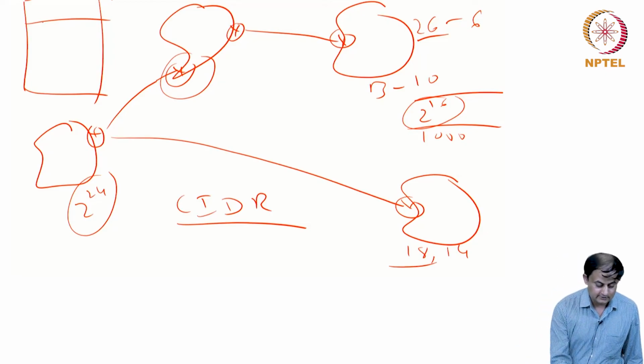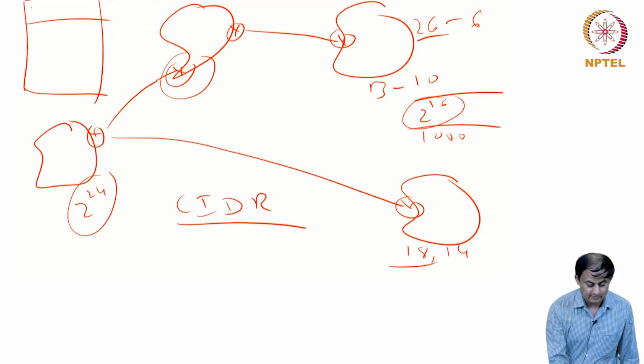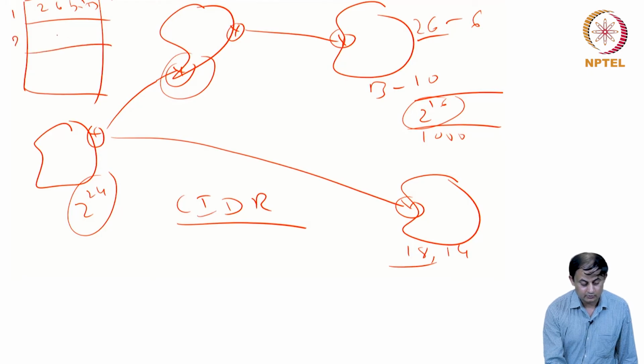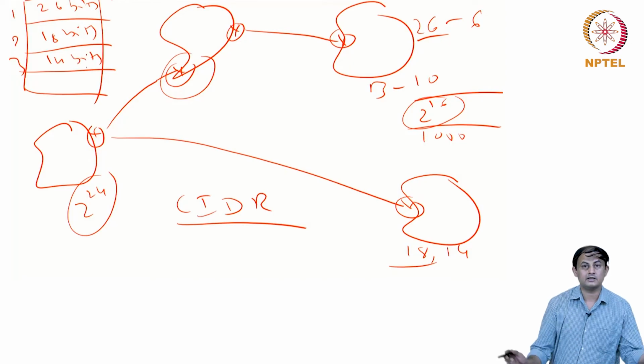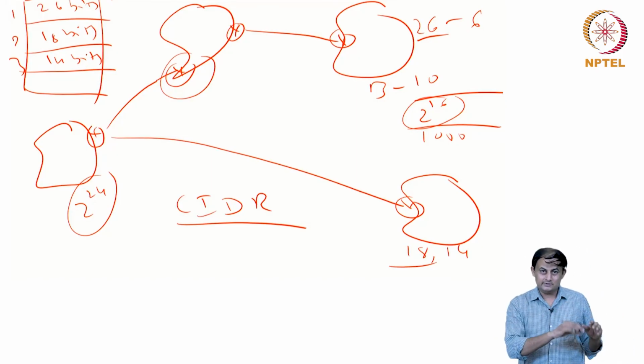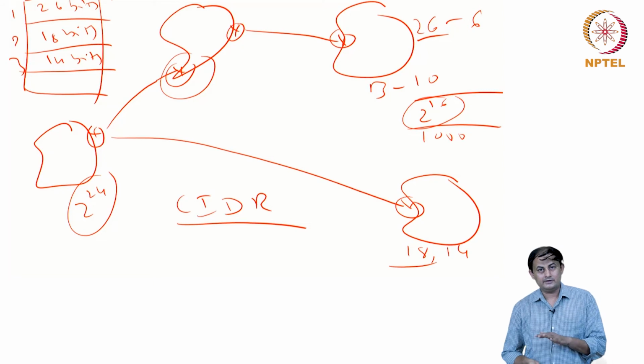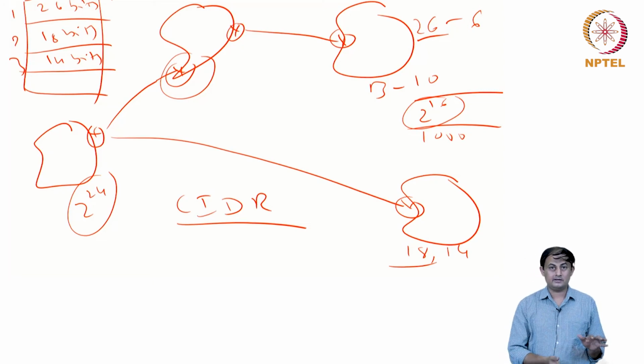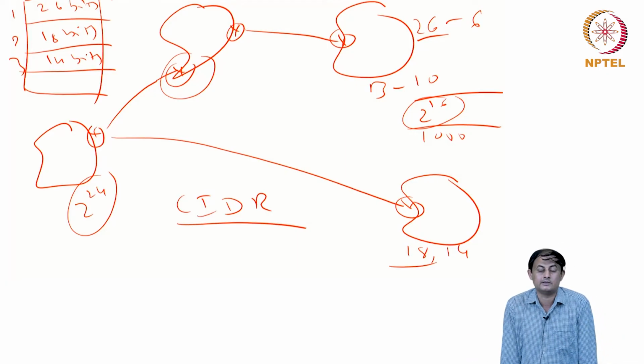So, if I am the router, in my forwarding table entry number 1 can have 26 bits, entry number 2 can have 18 bits, and entry number 3 can have 14 bits, and something like this. So, within the routing table, the different entries can have different numbers of bits stored. Every entry is of a different size, that is possible.